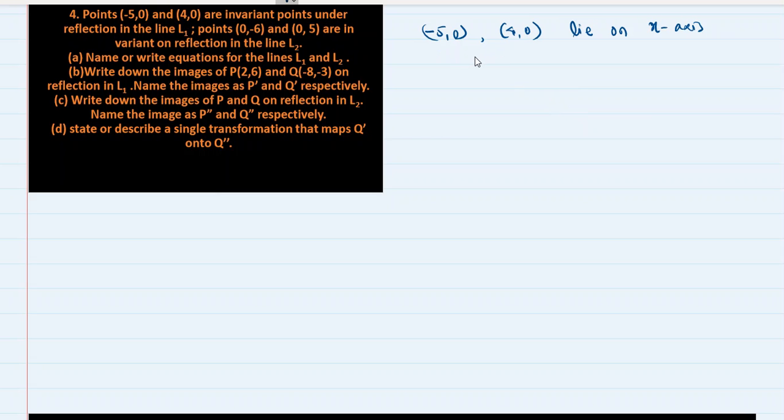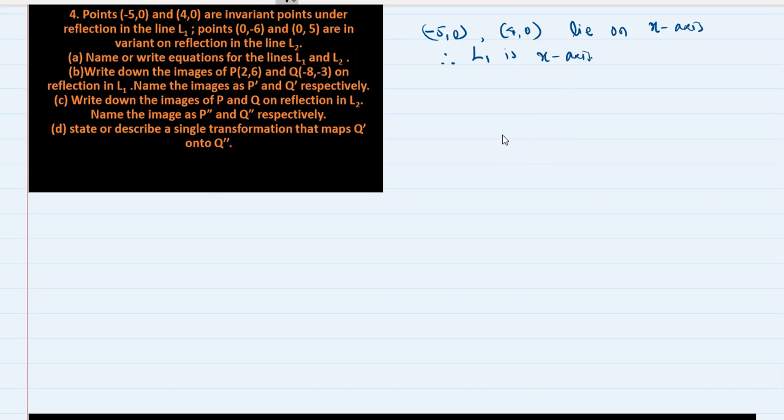Now we know that if points lie on a certain axis and are reflected in the same axis, they will be invariant, so their image will coincide with the original point. Therefore, we can say that L1 is the x-axis.